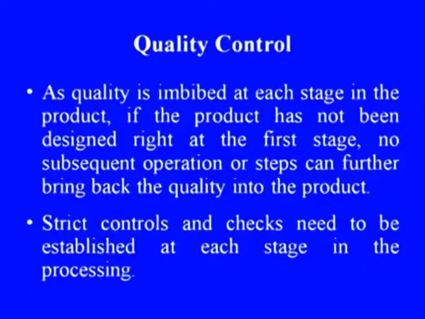Let us move on to quality control. As quality is imbibed at each stage in the product, if the product has not been designed right at the first stage, no subsequent operation or step can bring the quality back into the product.